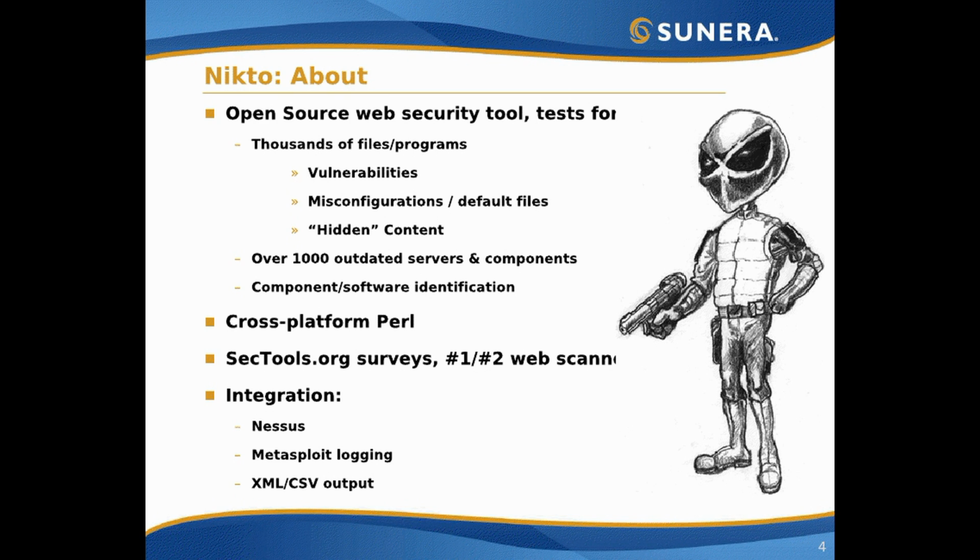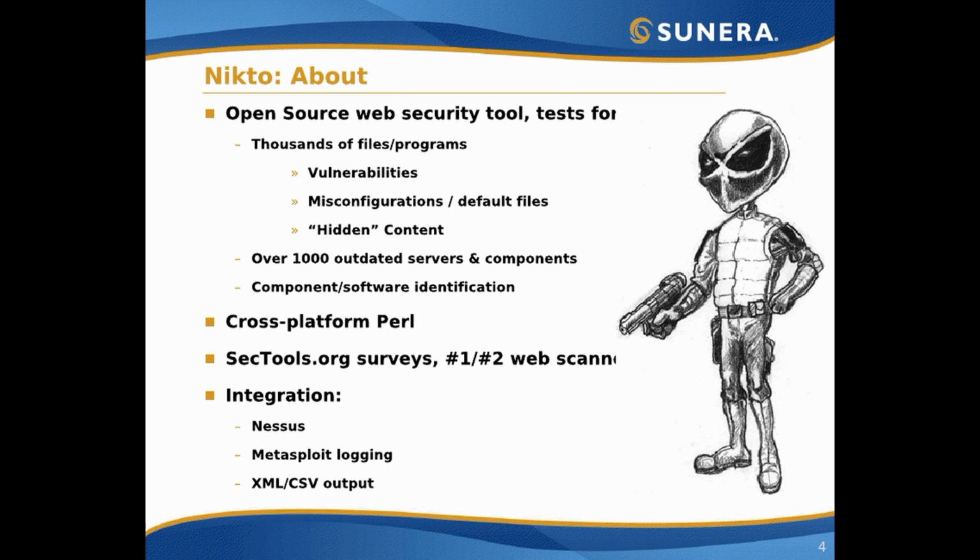It was initially designed to test for one particular file against a set of SSL-enabled web servers, and from there it just kind of grew to what it is now, which is testing for about 6,500 different files, like vulnerabilities and different kinds of content, and misconfigurations, default files, that sort of thing that you don't want on your production networks, your external web servers.